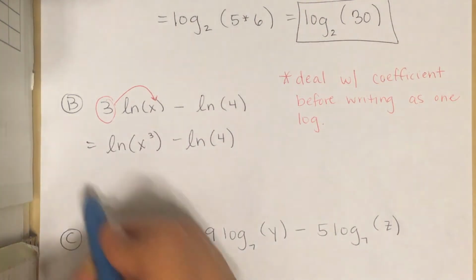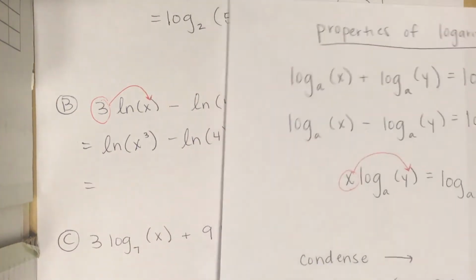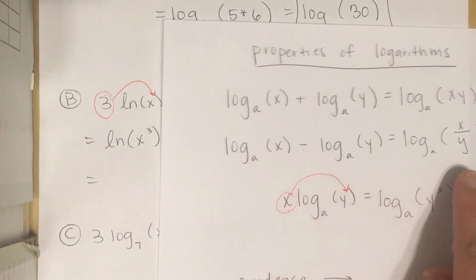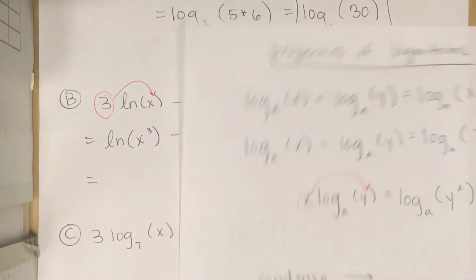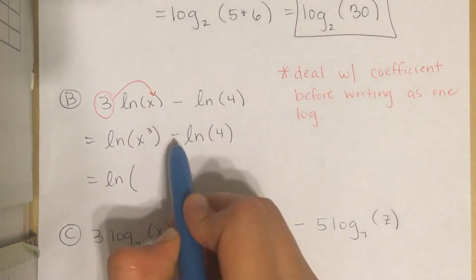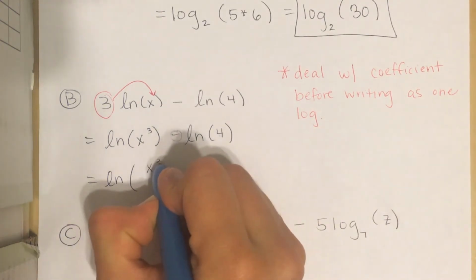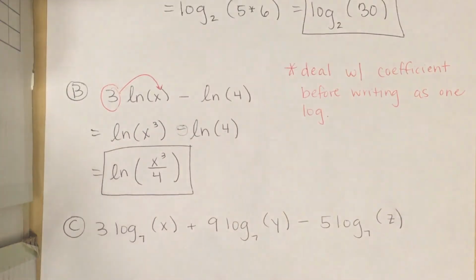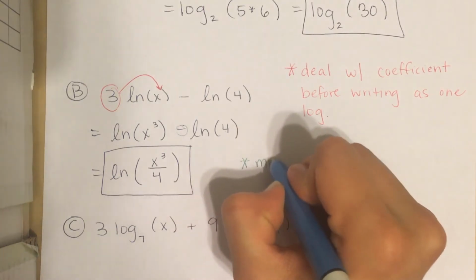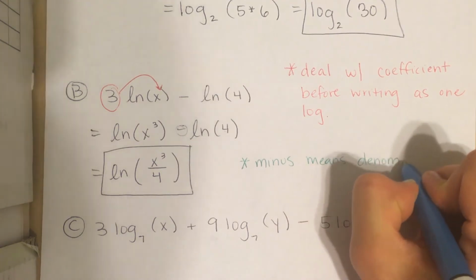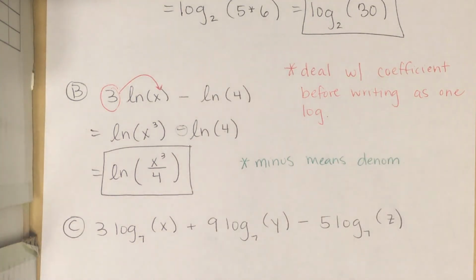And now I can use the second property here that says when you subtract your logs, you can write it as a single logarithm, and you would divide your arguments, is what you call what's written in your parentheses. So the minus sign means the 4 goes in the denominator. Okay, the minus sign means you put it in the denominator.